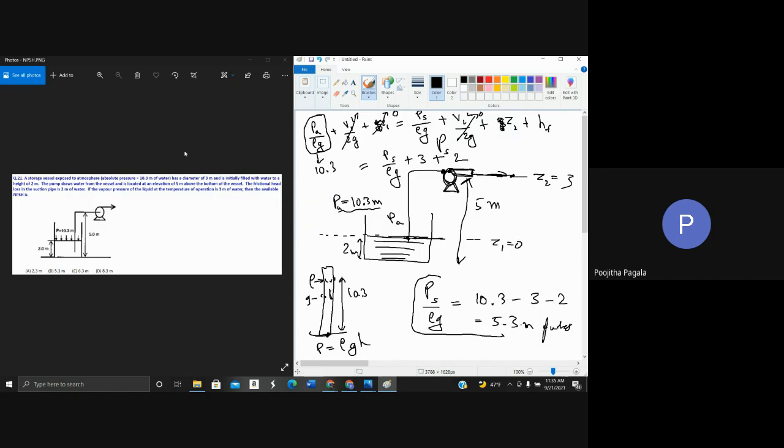But they have mentioned that the vapor pressure of the liquid at the temperature of operation is 3 meters. So from this, you have to subtract 3 meters to get the available NPSH. So 5.3 minus 3, which is 2.3. That is the available NPSH.